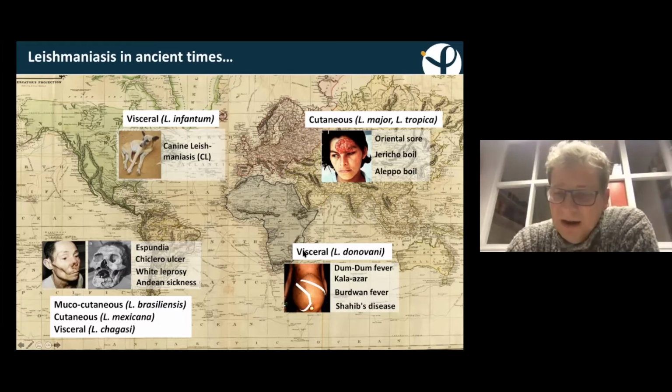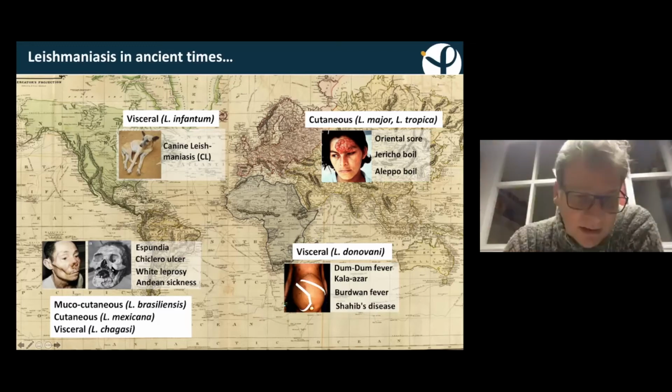You have the very bad, even deadly disease, the visceral Leishmaniasis, which is endemic in India and in East Africa. And then you have this mucocutaneous Leishmaniasis, which even on old mummies, we can find the traces of the tissue destruction here in the upper jaw, which is more endemic in South America.